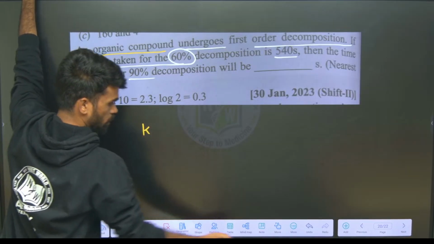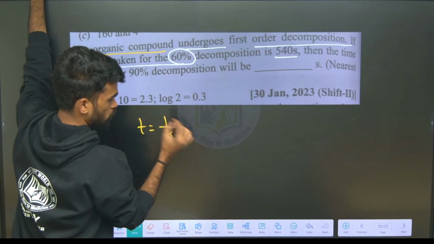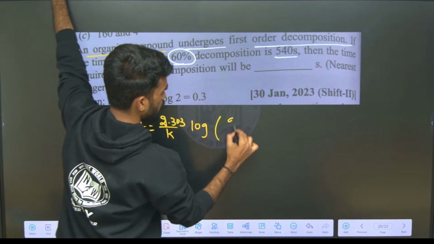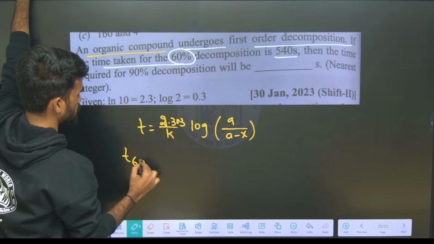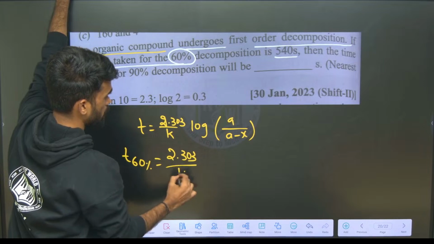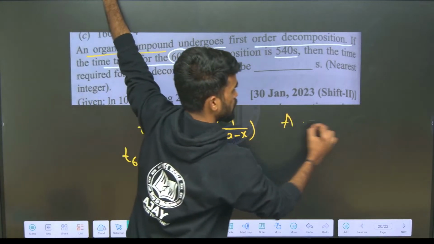T equals 1 by K into 2.303 log A by A minus X. So what they are saying, T 60% equals 2.303 by K. So how much concentration is remaining? See, A is converting into product.